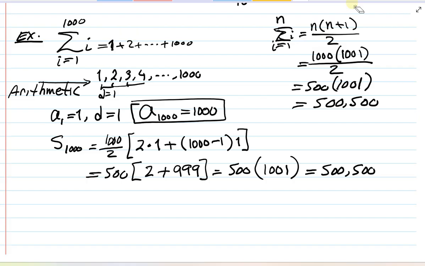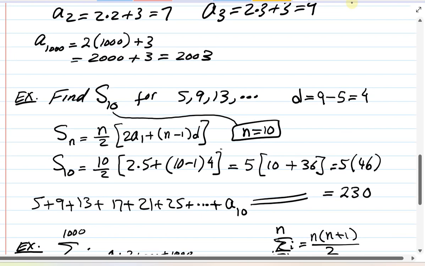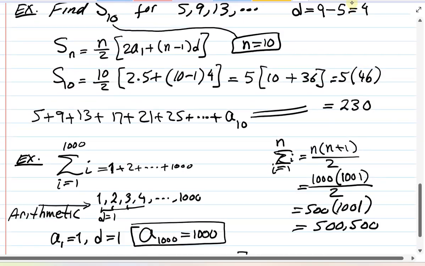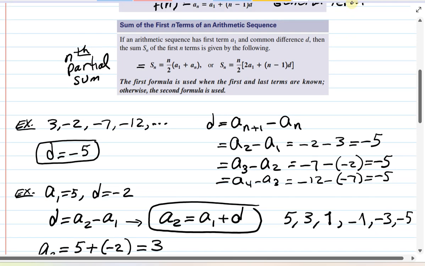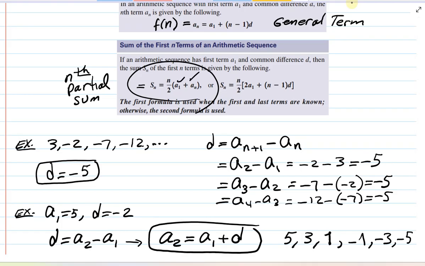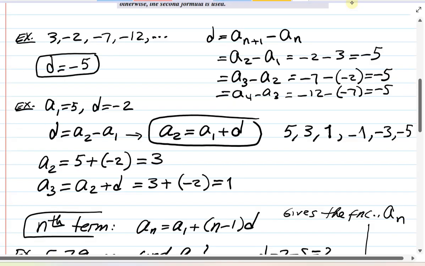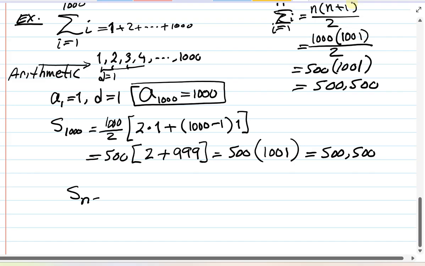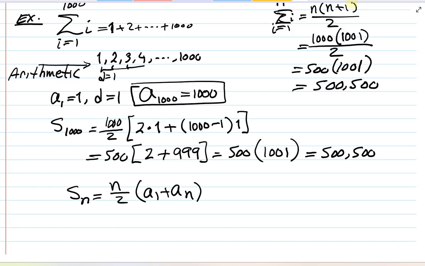Now, the formula that I used here, we've seen earlier. This is the formula I used in the previous example. Now, let's take a look at this other formula we have, because I haven't shown you an example of this one. This formula is useful if you know the first and the last term in the series, a1 and an. The formula says S sub n is n over 2 times [a1 plus a sub n]. The first term is 1, the 1000th term is 1000.